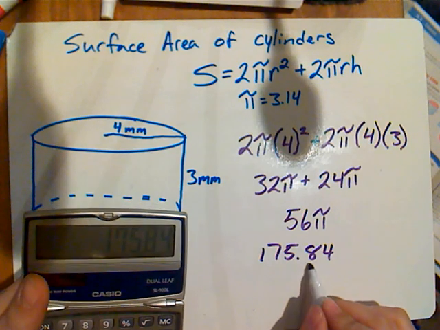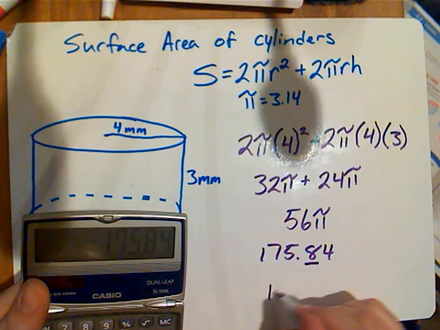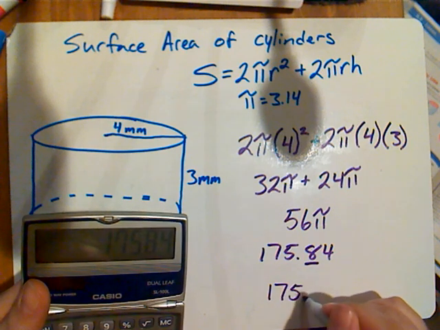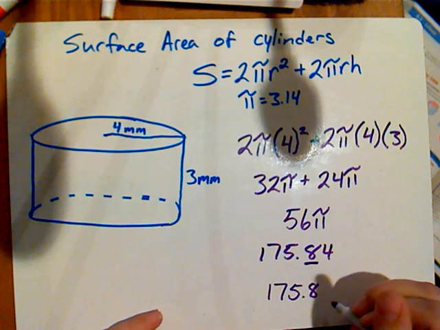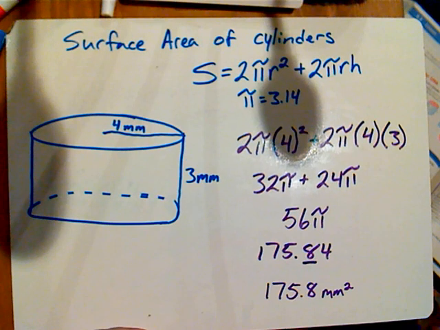So remember, our tenth is the first number after the decimal. So when we round to the tenth, our answer is going to be 175.8 millimeters squared. Okay? So that is our surface area for this cylinder.